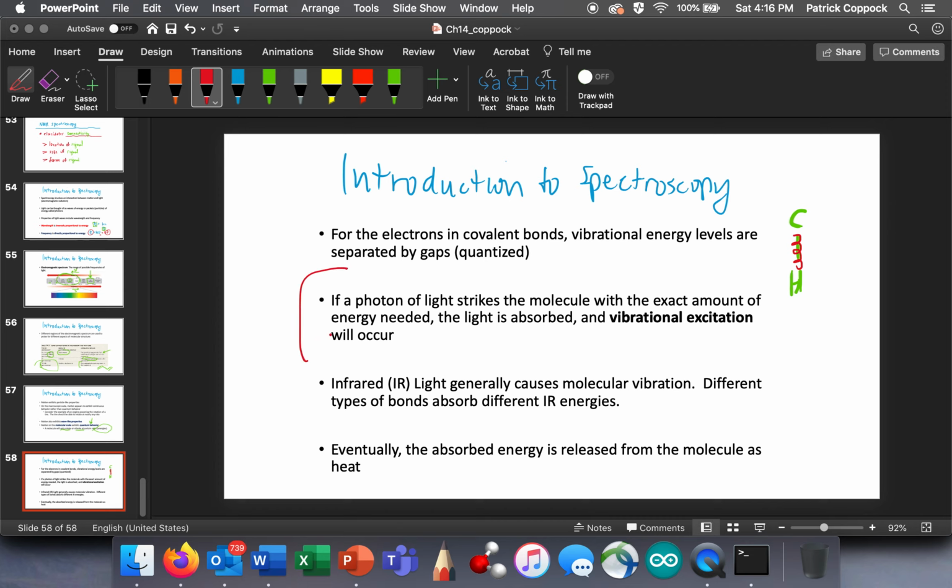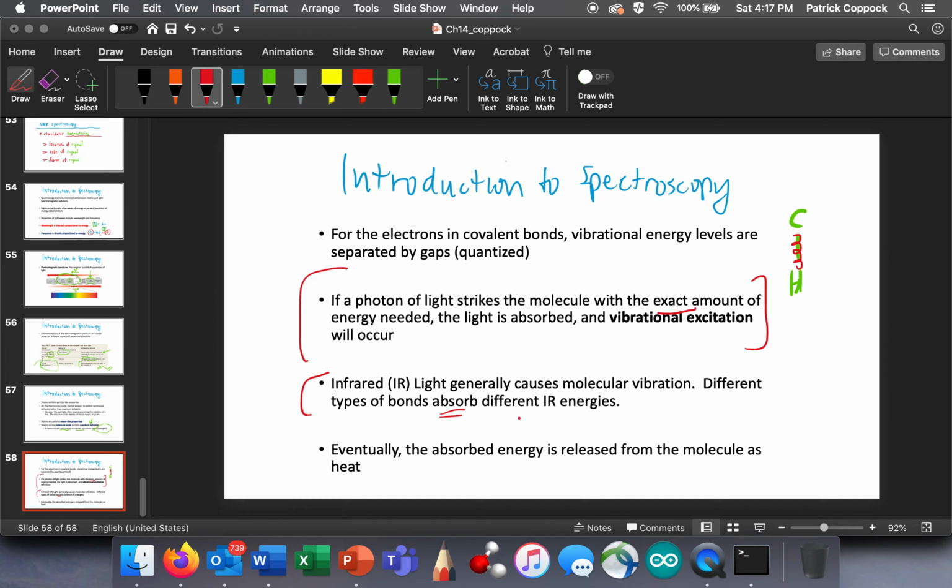If a photon of light strikes the molecule with the exact amount of energy needed to change this vibration from one step to another, then we get an excitation, and with that excitation is absorption.